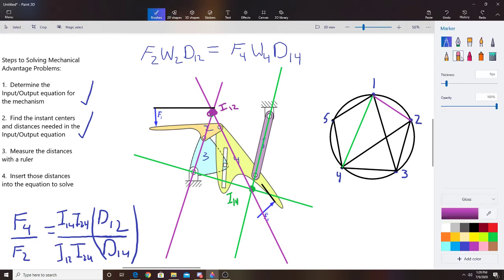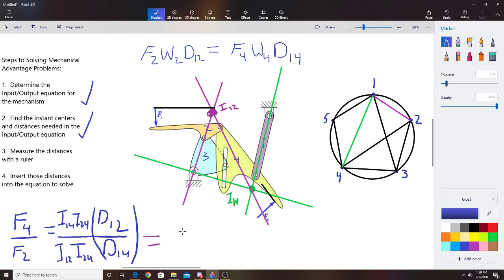So now we can do the rest of it. I'm going to erase some of these lines so I can write an actual equation. Change this back to blue.